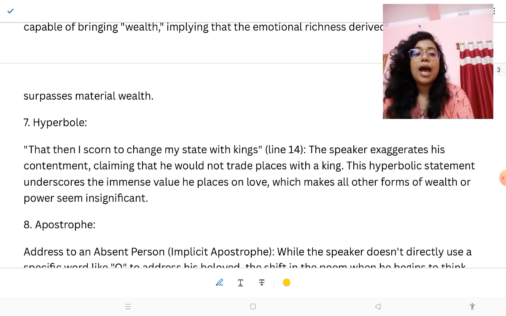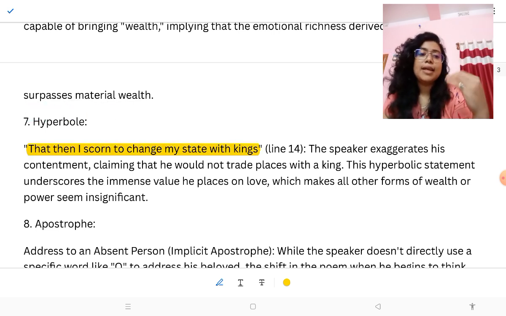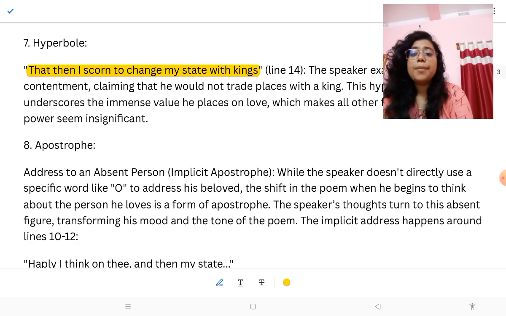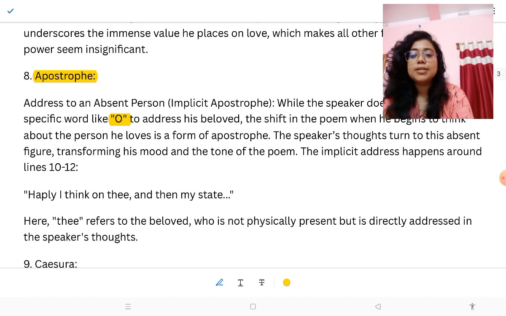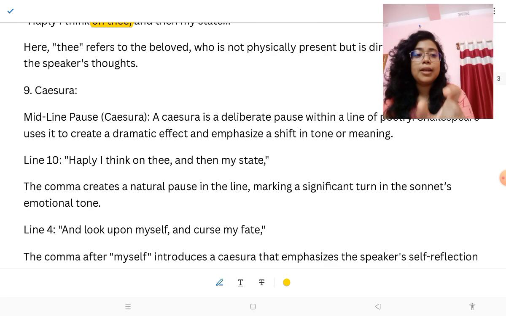Then hyperbole means you are exaggerating the speech. In the last line you can see he exaggerates that if he can have his beloved's love, he can change his state with the king. Apostrophe is addressing someone, using words like "O" or "thou". Then caesura is when you stop in the middle of a line, like "happily I think on thee"; you take a pause.